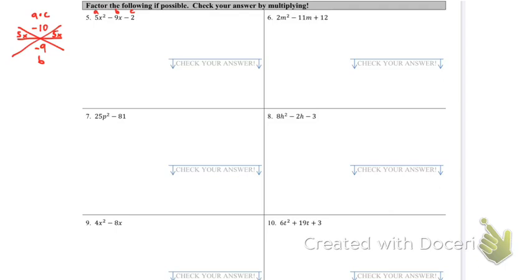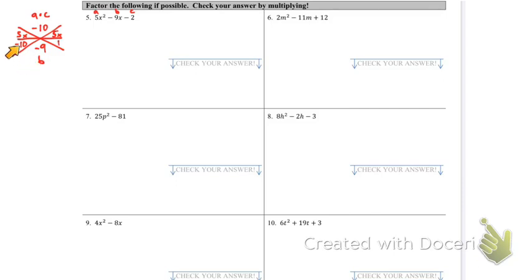And that answer should be negative 10 and negative 1. Sorry, my mistake. That's not the correct answer. So it's going to be negative 10 and positive 1. All right.